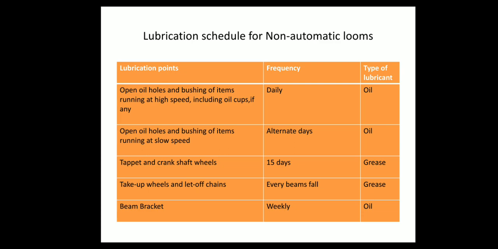This should be done daily. Tappet and crankshaft wheels should be lubricated every 15 days. Beam bracket should be checked and lubricated weekly. So these are some of the schedule of checks and lubrication points. So this comes to the end of the first unit.